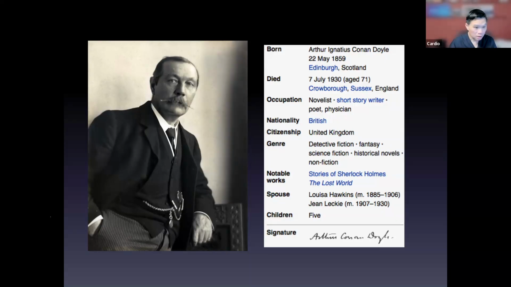He spent a lot of time observing what his mentors would do with the power of observation, looking at patients and deducing their medical conditions and findings. And he put himself in as Dr. Watson. So that's why there's a Dr. Watson next to Sherlock Holmes. So that's Sir Arthur Conan Doyle.